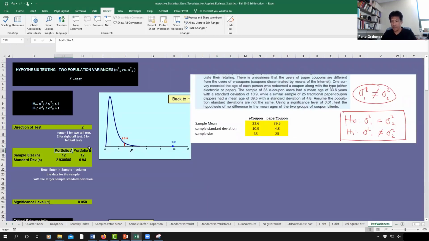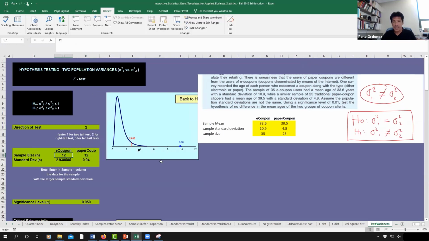So here's the e-coupon group, and here's the paper coupon. The sample size is 35. Sample size for paper is 25.